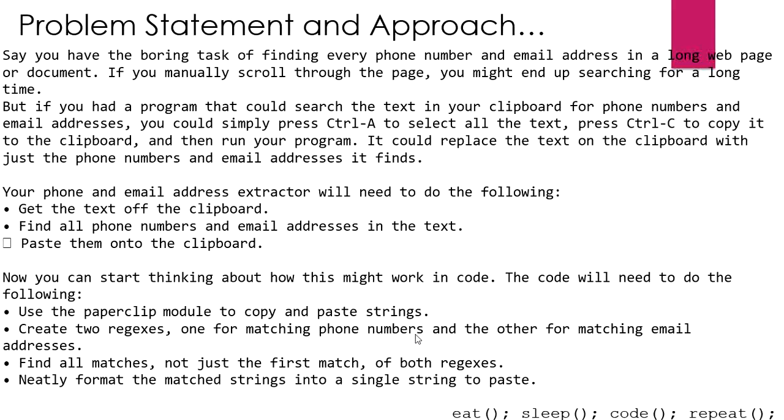Then we're going to create the formatted matched string and paste it. And we're going to display some kind of message if no matches are found in the text. Like if we don't get any phone numbers and we don't get any email addresses in the text that we have copied, we will have some message to display.